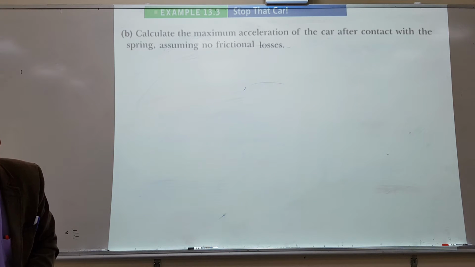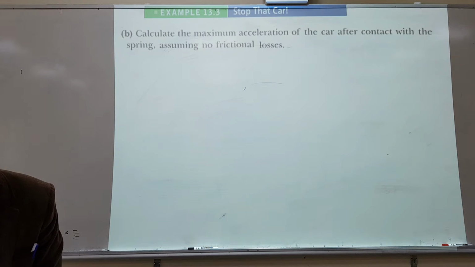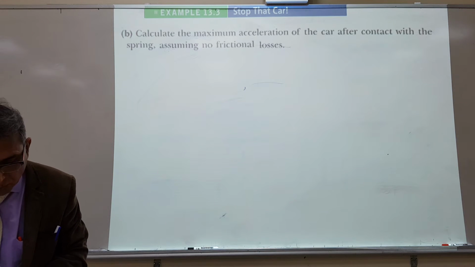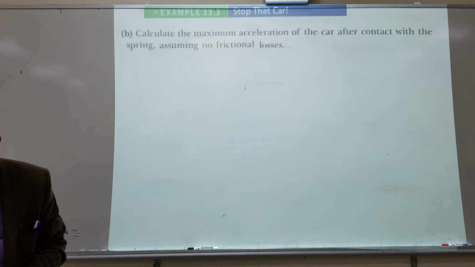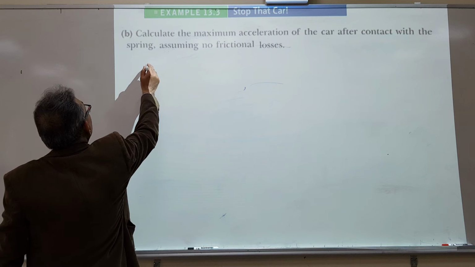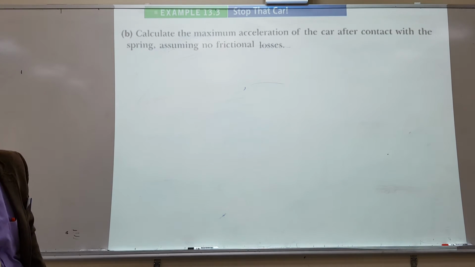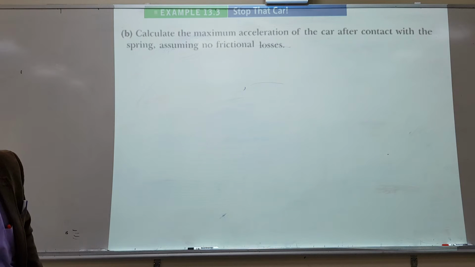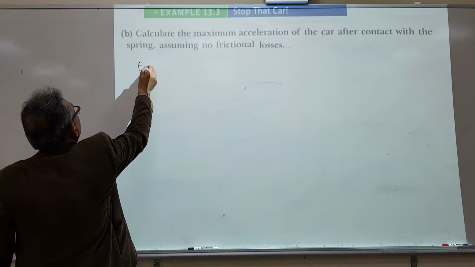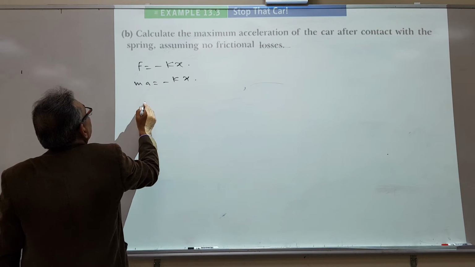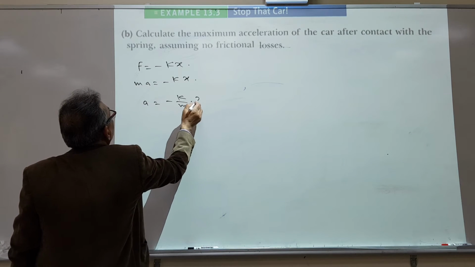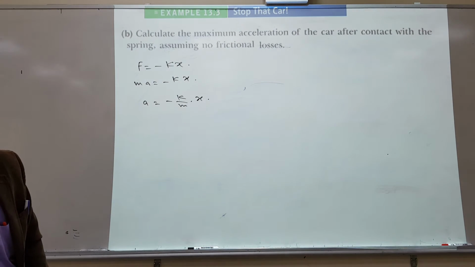So a, you have to find out. So a is equal to, you have this rule, F is equal to minus kx. This is equal to ma. So a is equal to minus k over m times x. Right?